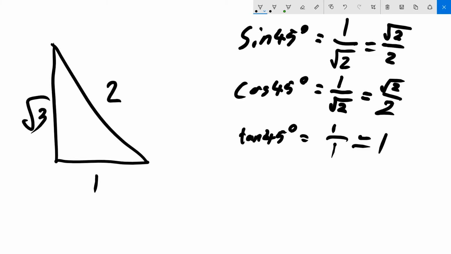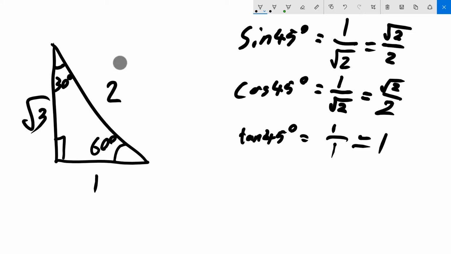Looking at this triangle, we know that that was a right angle because we went directly down the middle. So this here has to be 60 degrees because an equilateral triangle has 60 degrees in all of its corners, and this has to be half of 60 degrees, which is 30 degrees.